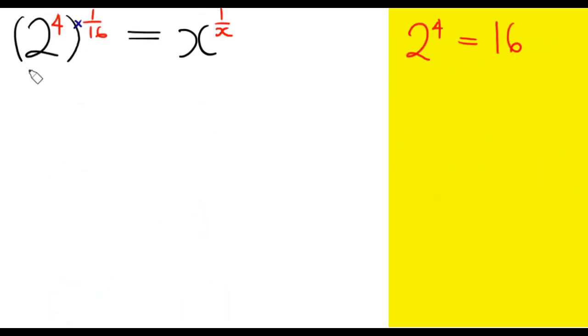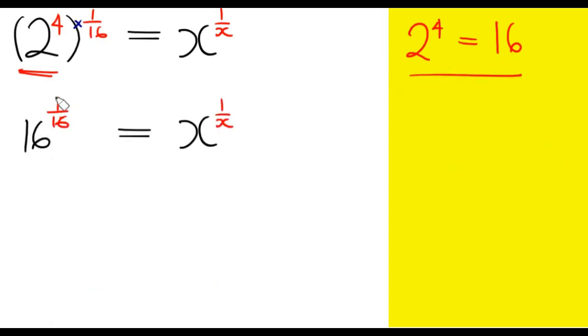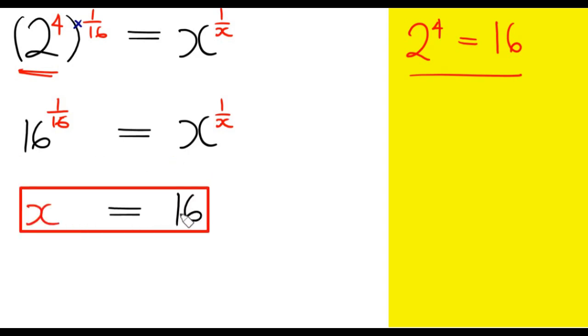Now we all know that 2 raised to the power of 4 is just 16. So I can write 16 raised to the power of 1 over 16 equals x raised to the power of 1 over x. Therefore, the left hand side equals exactly the right hand side, and x equals 16, and that is going to be the final answer.